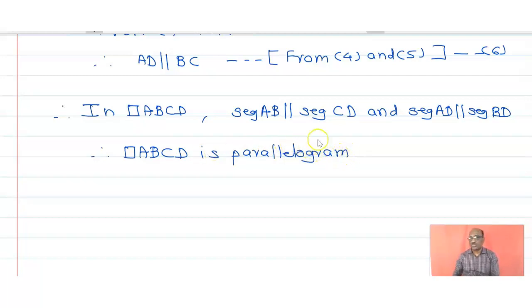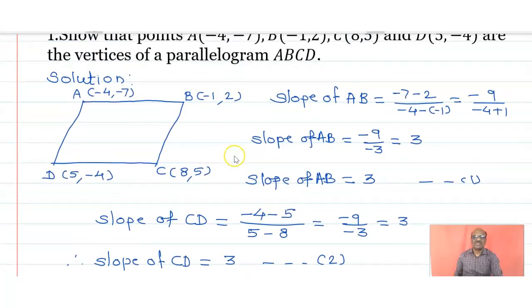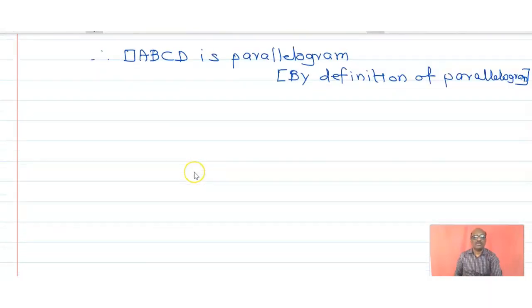Because the opposite sides of the quadrilateral are parallel, therefore by the definition of a parallelogram. You can see here we only have to find out the slopes of AB, BC, CD and AD. Therefore it is a parallelogram. Now the next question.